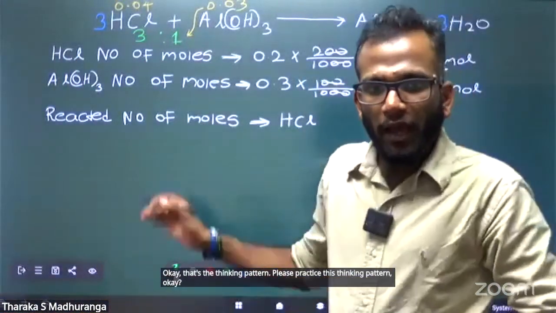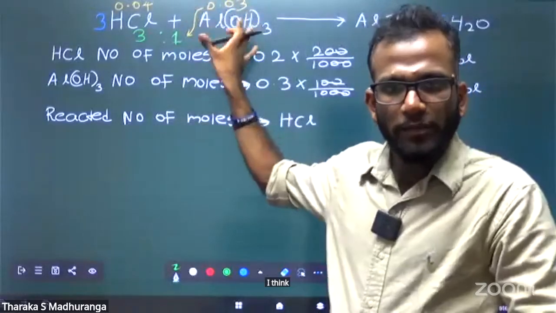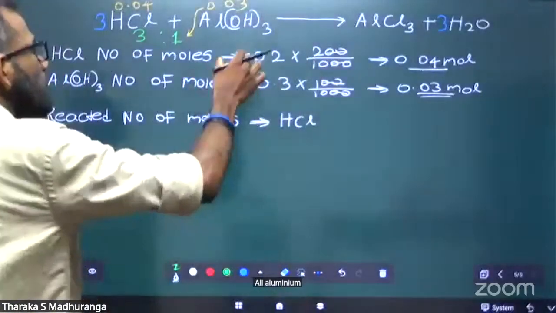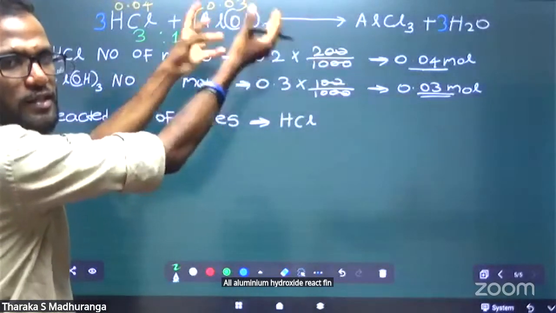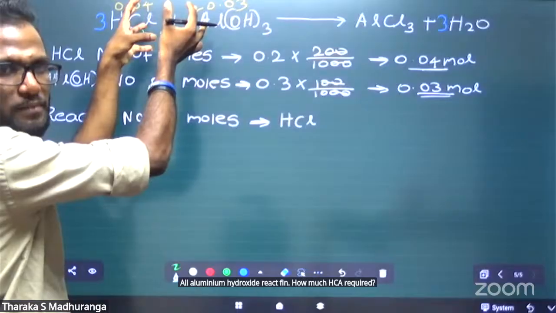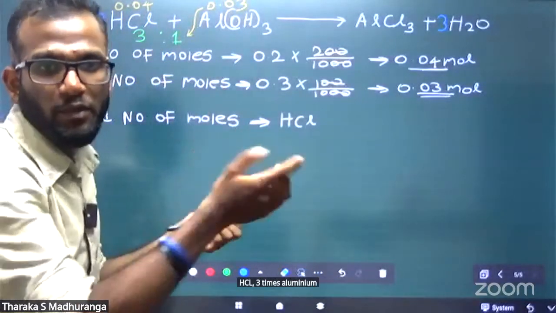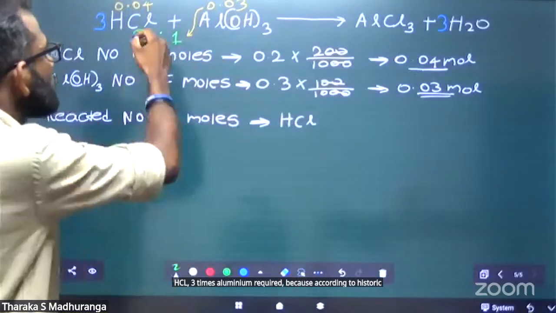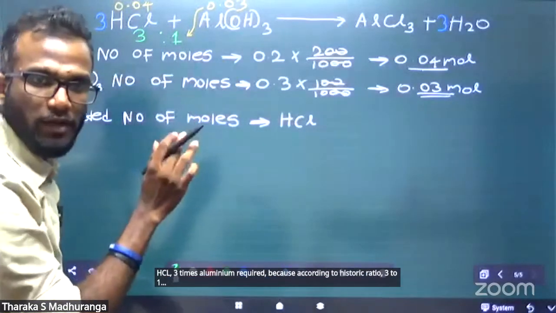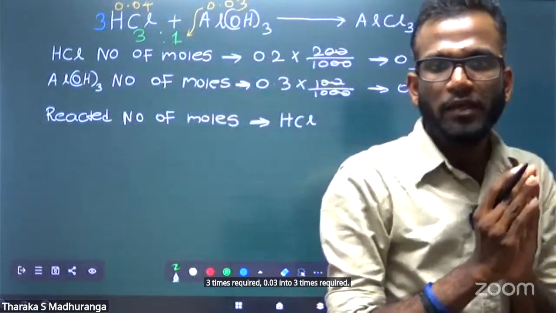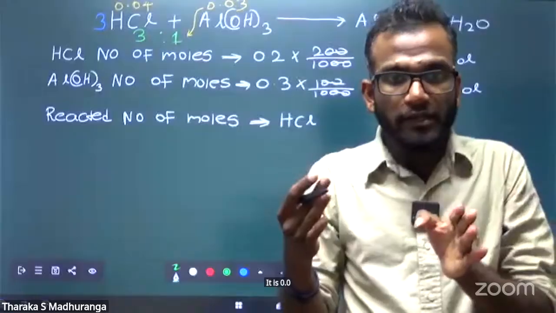Okay. I think all aluminium hydroxide is reacted. When all aluminium hydroxide reacts, how much HCl is required? According to the stoichiometric ratio 3 to 1, 3 times HCl is required. 0.03 into 3 times, it is 0.09, right?